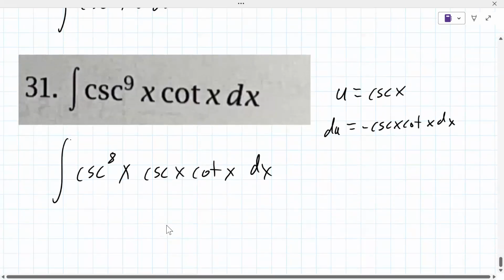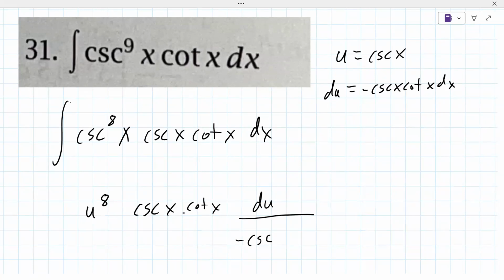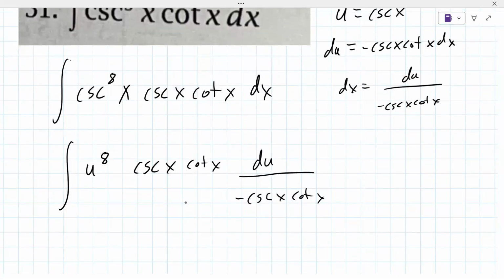Wait, I'm lost. Okay, so we'll substitute, it's u to the 8th, and then dx is du. So let's leave this cosecant x cotangent x du over minus cosecant x cotangent x. Oh, you took cosecant out. Okay, that makes a lot more sense. Yeah, and that's kind of a sneaky one there. They're really working hard to trick you.